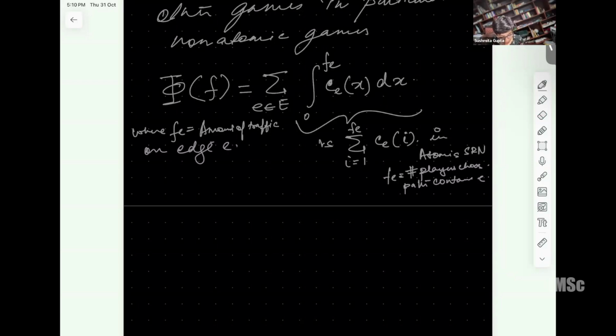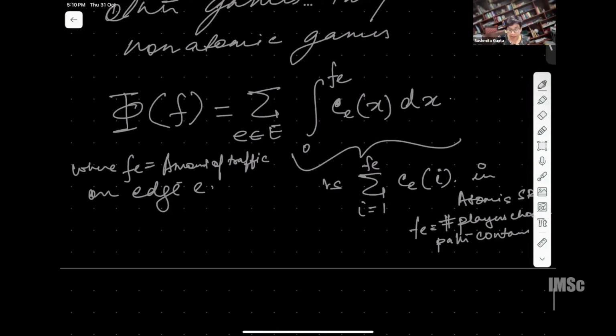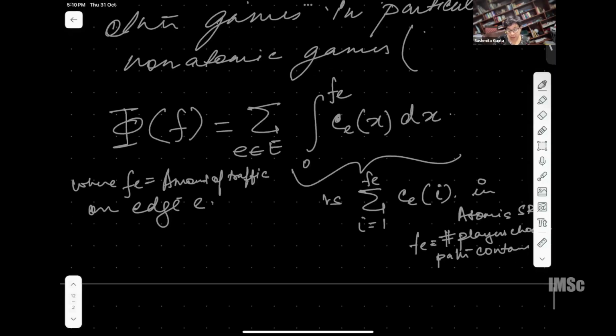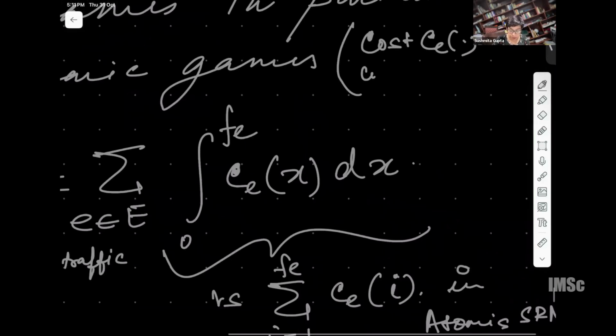Also, moreover, for atomic games and non-atomic games, we assumed that the cost functions are, you remember the definition, this is where this becomes essential: continuous, non-decreasing, and what else?